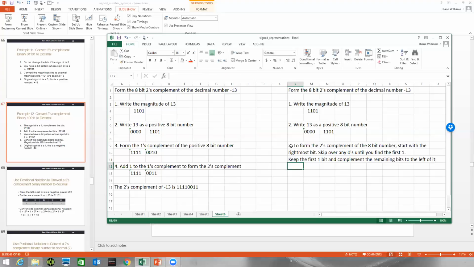All right, so we have this number, the unsigned 13. We have 0, 0, 0, 0, 1, 1, 0, 1.